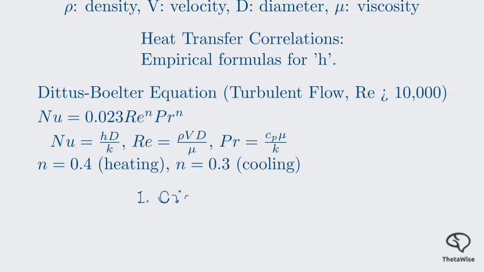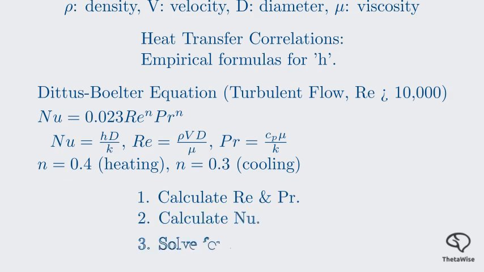Once you've calculated the Reynolds and Prandtl numbers using fluid properties, you can plug them into Dittus-Boelter to find the Nusselt number. Then you can solve for the convection coefficient H since Nu equals H d over k. This process allows engineers to accurately predict the convection coefficient H, and in turn, the overall heat transfer coefficient U, which is essential for designing effective heat exchangers.